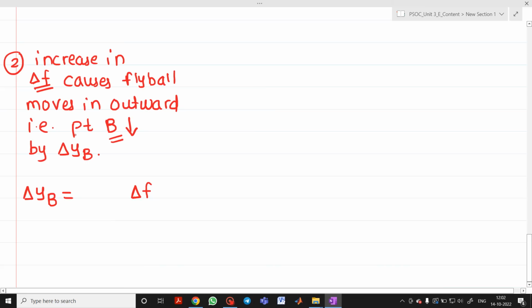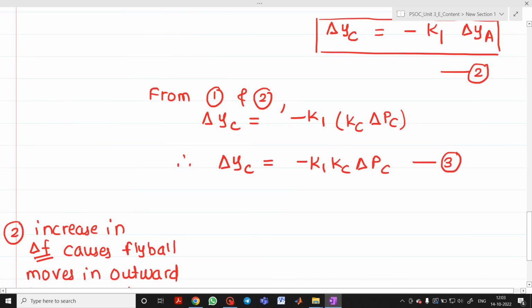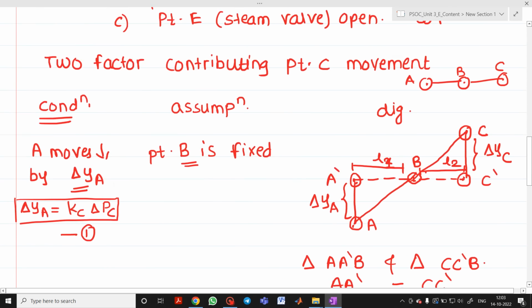So the change in the position of the linkage mechanism at point B depends upon the change in the frequency. So delta YB is proportional to delta F. Let's say this proportionality constant is K2 dash, and mark this as equation number 4.